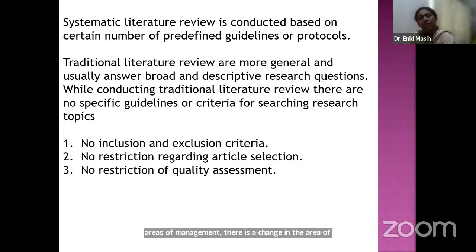So the traditional review of literature has changed into the systematic literature review, because there are a few things a traditional literature review is lacking, which have been improved in a systematic literature review. Please come to the next slide.